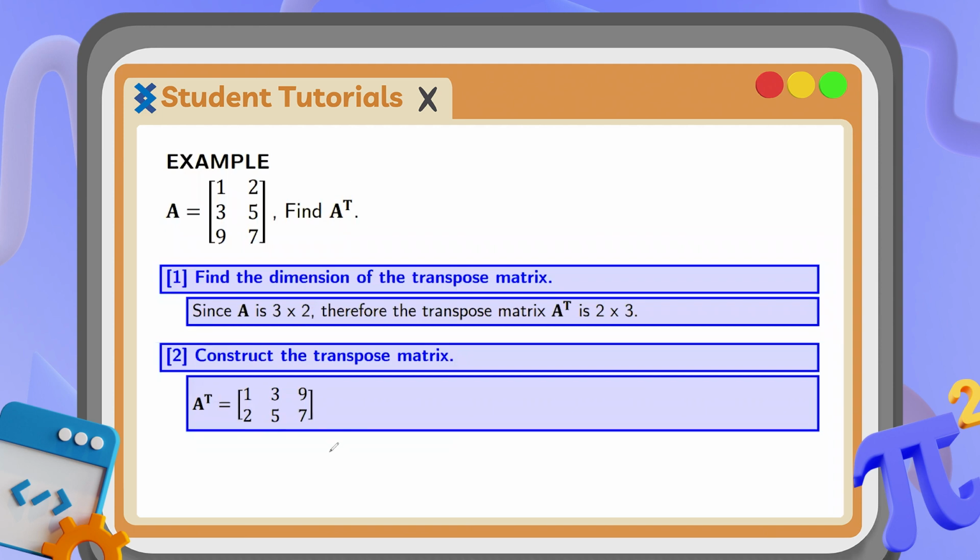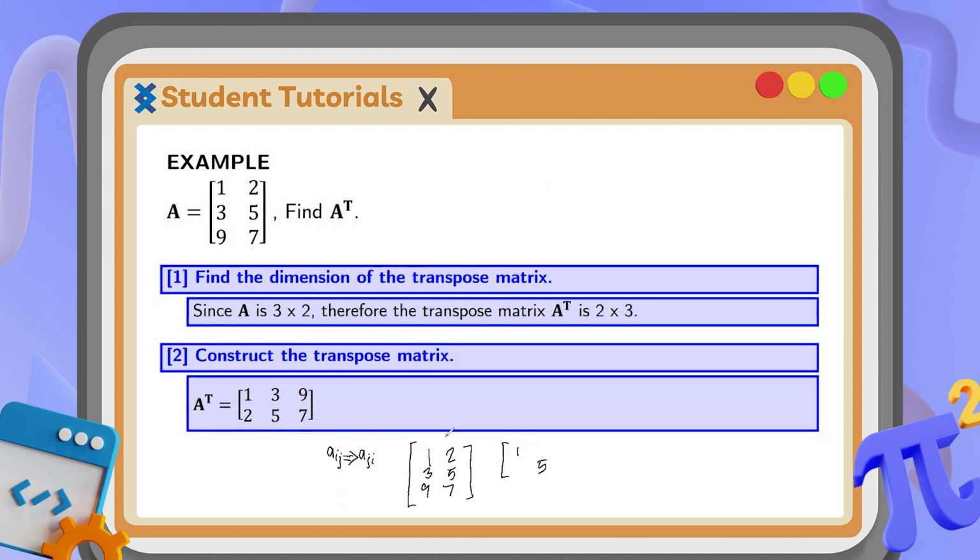So again, your A sub ij becomes A sub ji. So if this is your original matrix, 1, 2, 3, 5, 9, 7, we'll keep the diagonal elements in place. So this is 1 and 5.